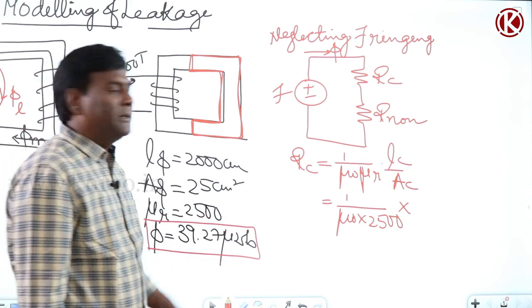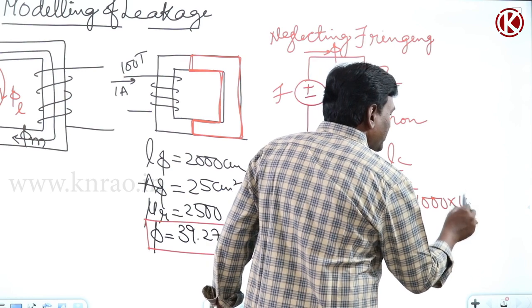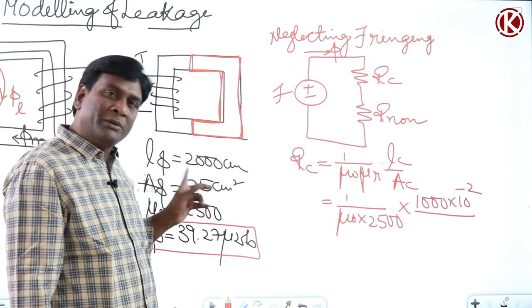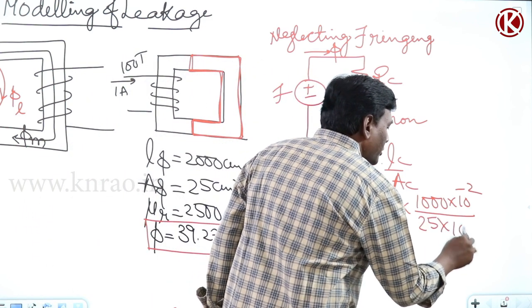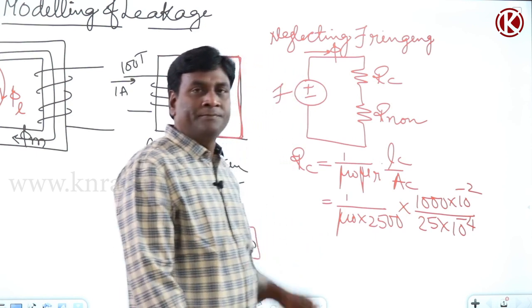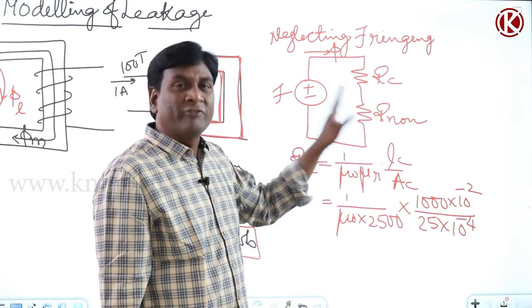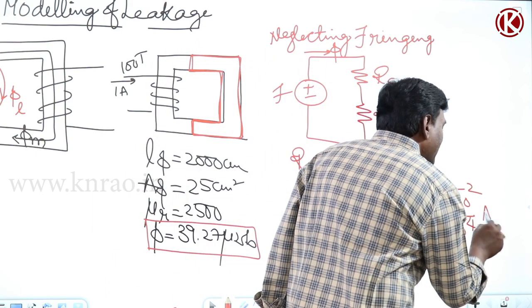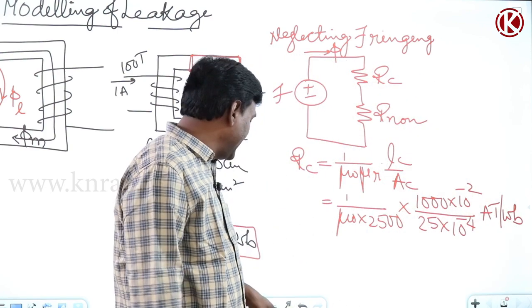So now it is going to be 1000 centimeters, so 1000 centimeters into 10 to the power of minus 2, divided by the area of cross section of the core, which previously also was 25 centimeters square, so 25 into 10 to the power of minus 4 meter square. And what is reluctance? Reluctance is MMF by flux, Ni by Webers, so ampere turns per Weber. The dimension has to be written for ESE candidates.